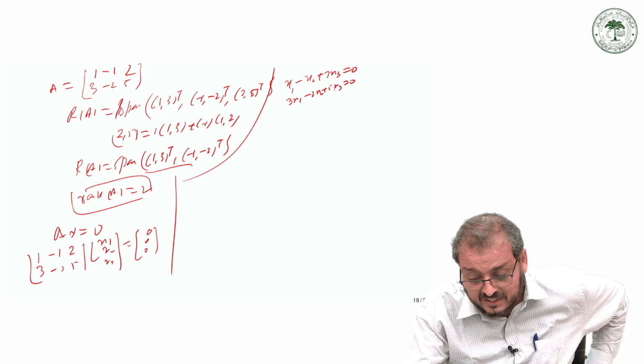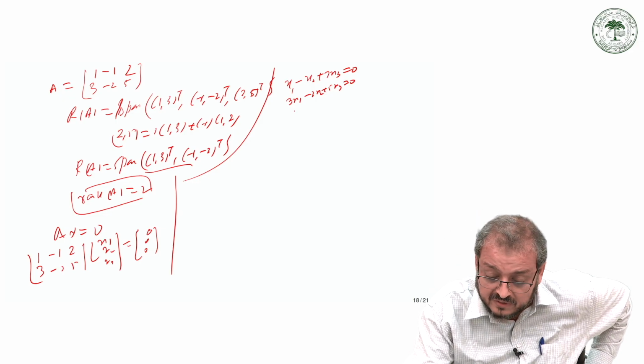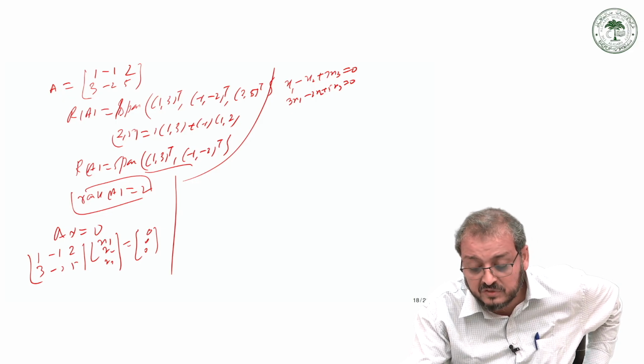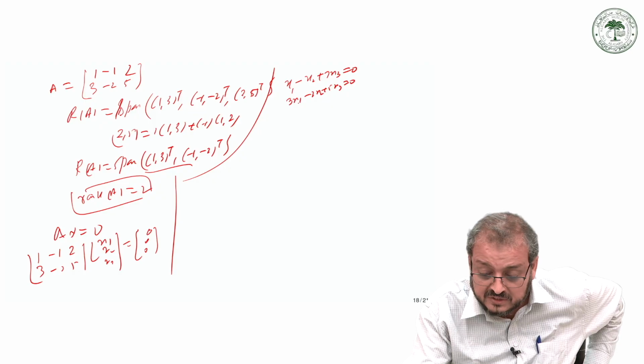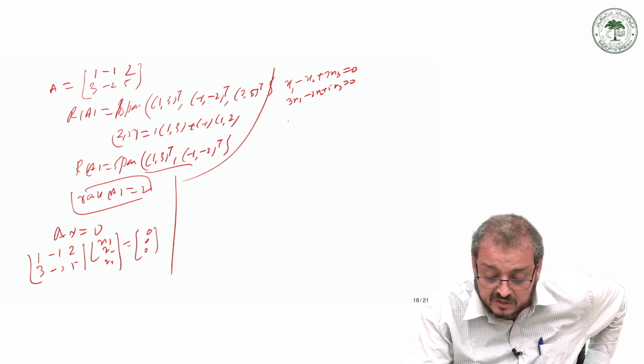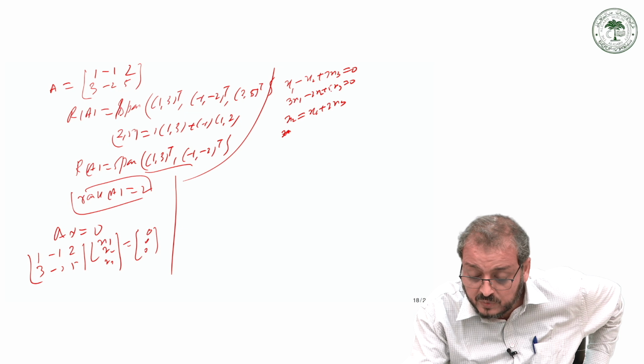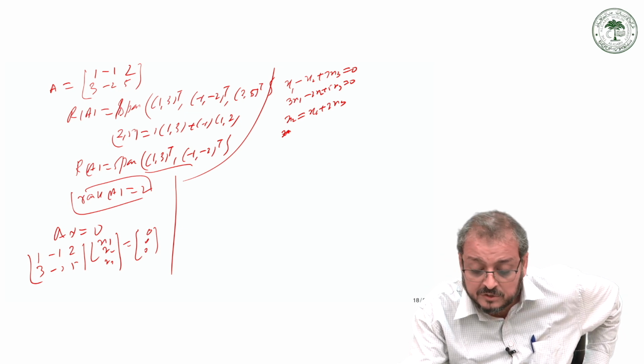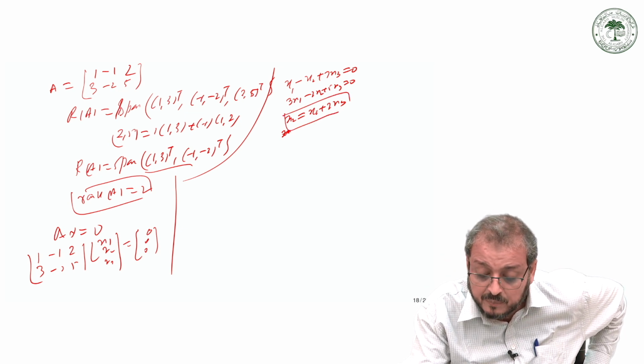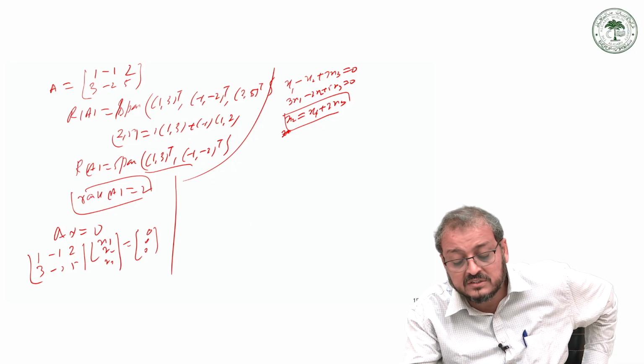So we can say that x1 or x2, any one of them can be written in terms of the others. Just take x2, which can be written as x1 plus twice x3, and substitute the value of x2 here. This means x2 can be written as a linear combination of x1 and x3.